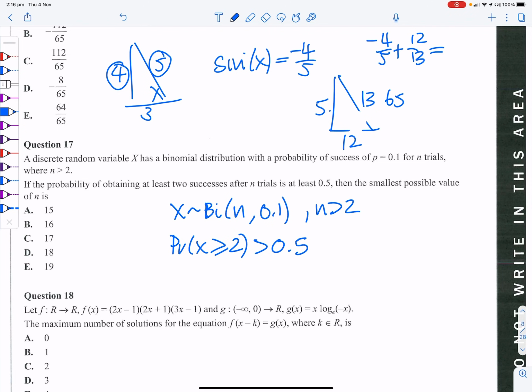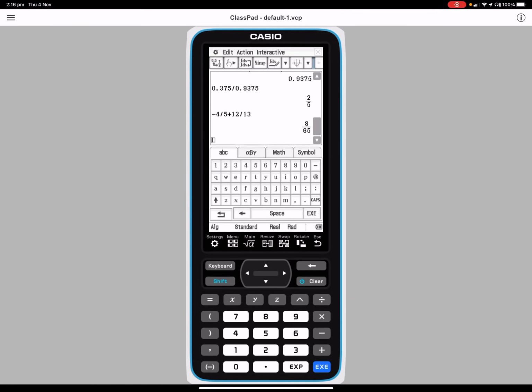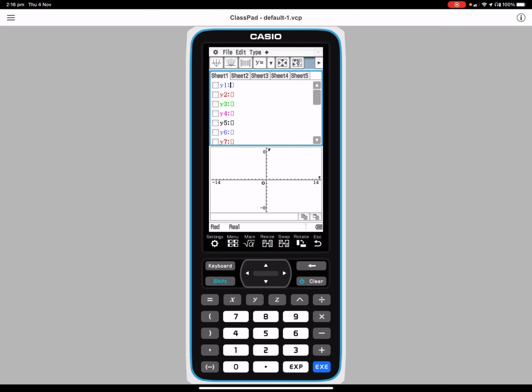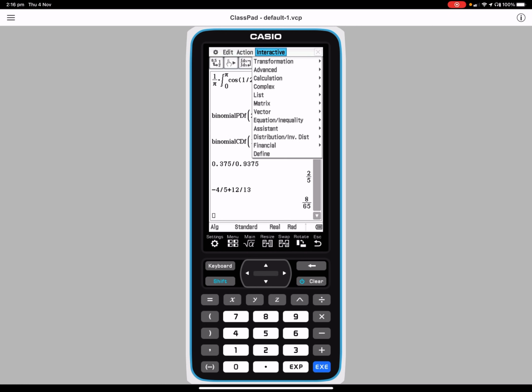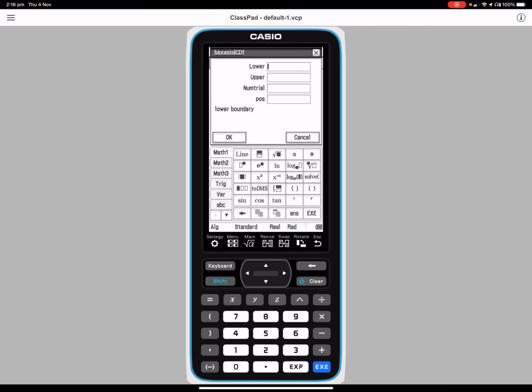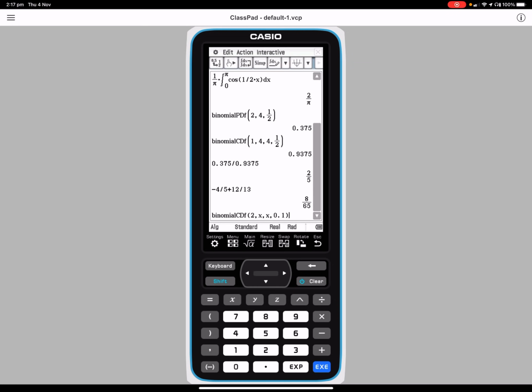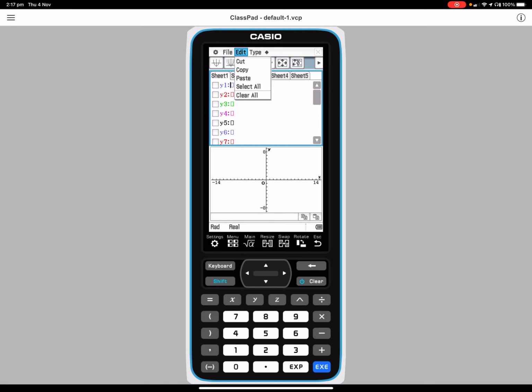Okay, so we go from 2 to n with 0.1. So we say binomial CDF from 2 to n trials, 0.1, and we want to find when it first goes above 0.5.